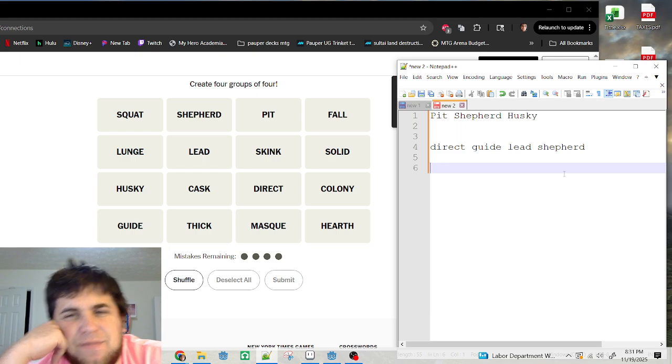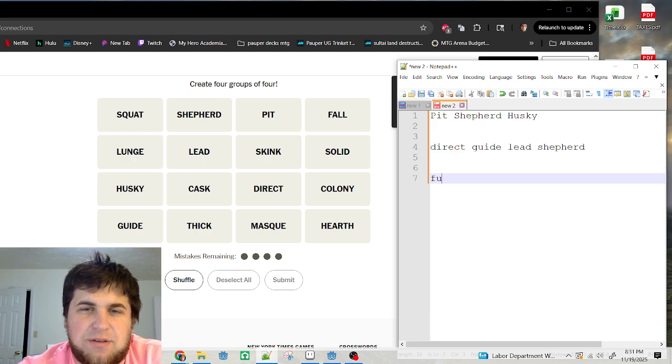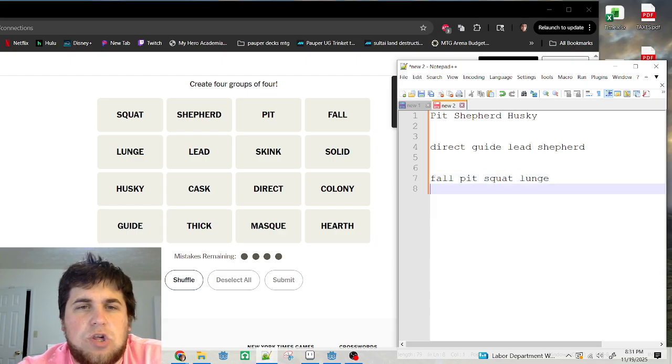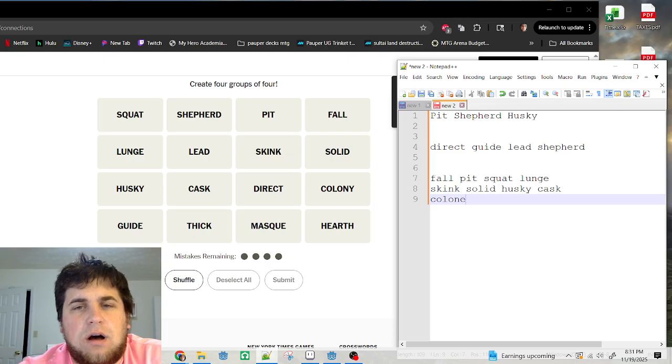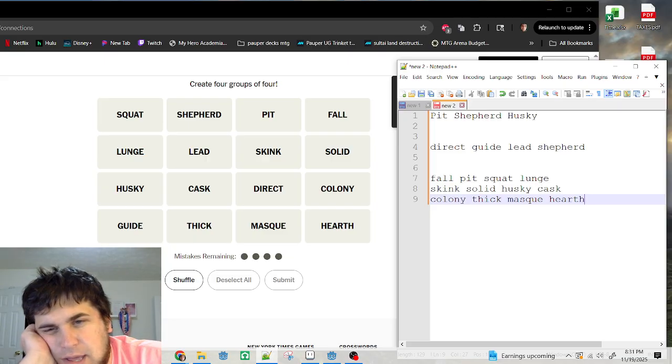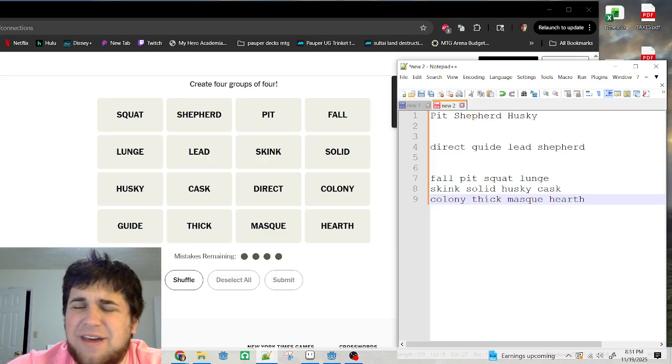Fall. Okay. I'm going to write the words out that I haven't used. Fall, pit, squat, lunge, skink, solid, husky, cask, colony, thick, mask, hearth. You could, what would mask go with?